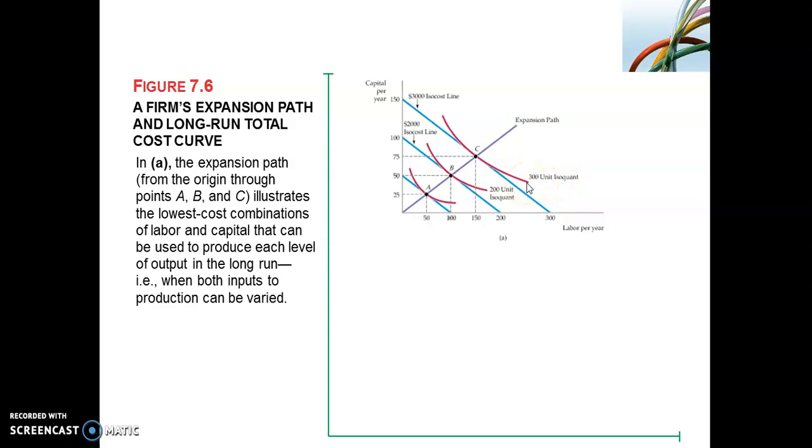The lowest cost to produce those 300 units would be given by this isocost line where C is equal to $3,000. So at point C, you have that point of tangency, and the input combinations of capital and labor to yield an output of 300 units in that lowest cost manner.